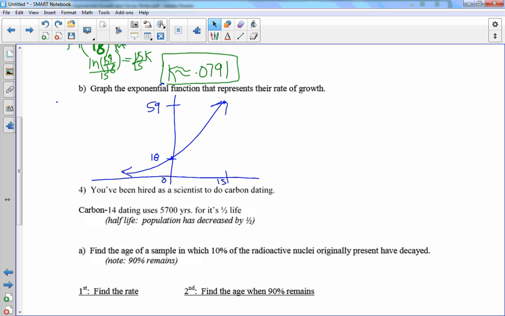Go to your number 4 together, and only do 4, please don't go on to 5.